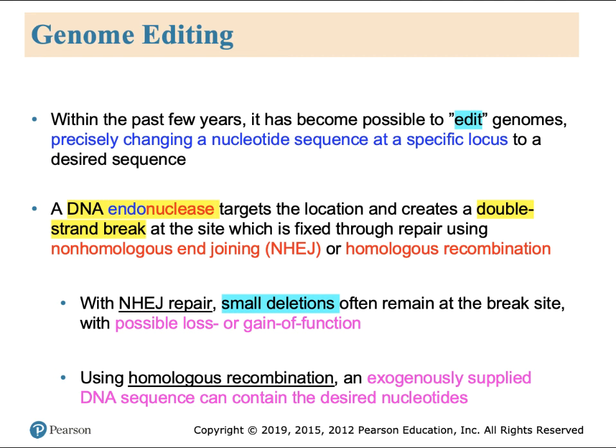The process relies on several features of cells. The first is that cells have the ability to cut DNA internally inside the molecule, and those enzymes are called DNA endonucleases. They target their location by matching a small part of the surface to that of the DNA base composition.